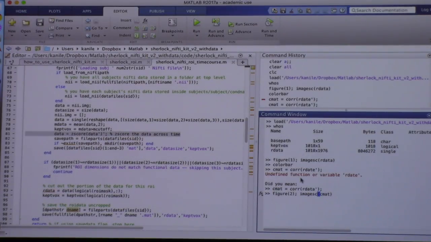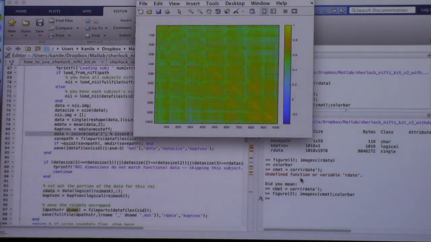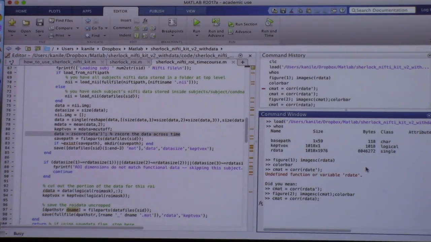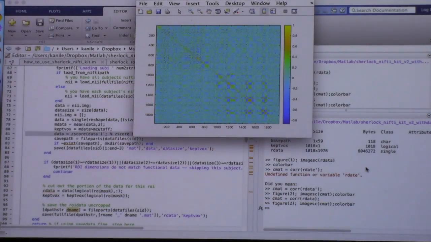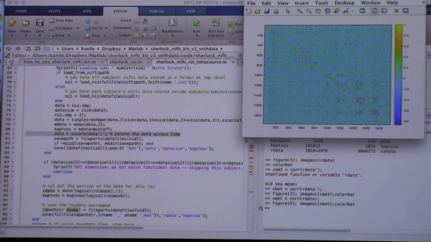Because here, when you demean individual ROIs, remove the mean from each voxel, you are now taking the mean over time, rather than across the whole brain. When you do correlations, you're doing correlations across time points of the spatial pattern. It's actually the exact dual of the functional connectivity global signal regression problem.